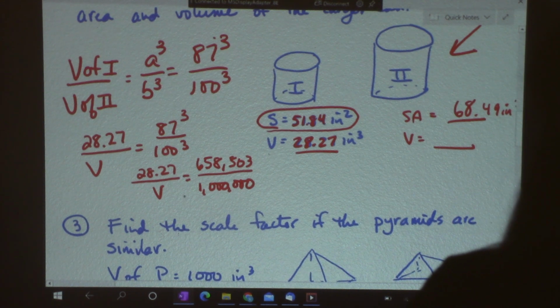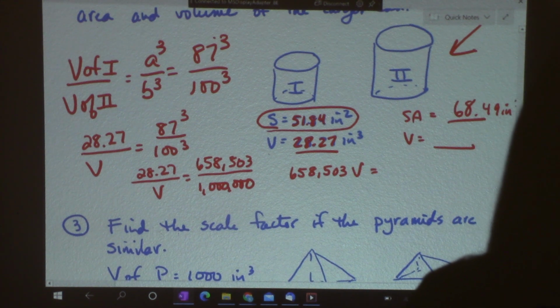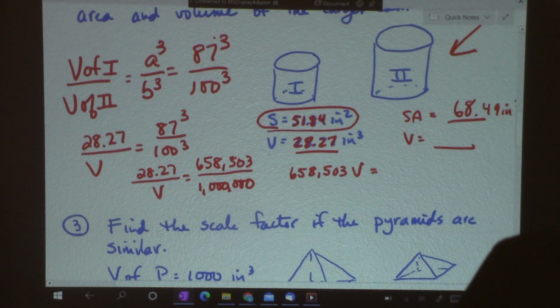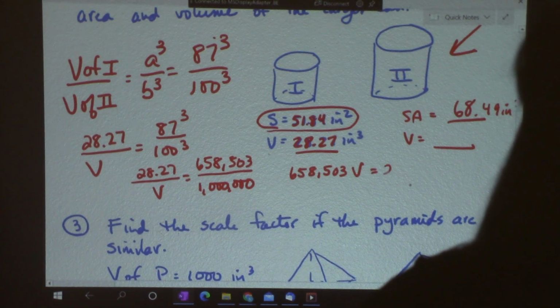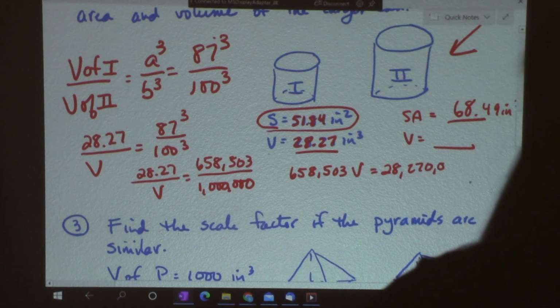Now with this, I cross multiply, so I've got 658,503 V equals, and when I multiply that, I get 28.27 times 1 million, and I get 28,270,000. That's obvious, it seems.